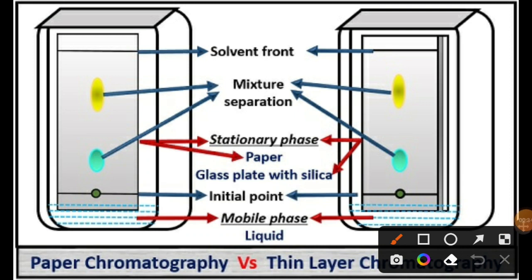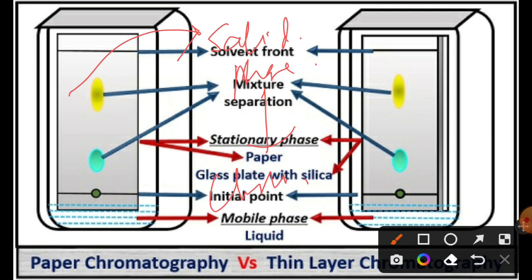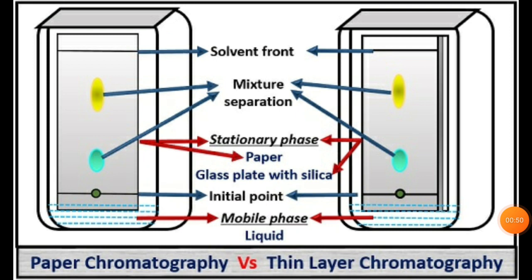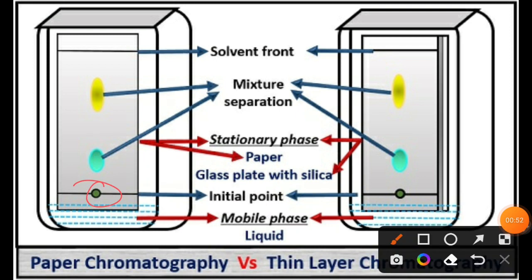So in paper chromatography, I again want to mention that we are using a solid phase, a chromatographic strip, right? In that chromatographic strip we are placing a small dot or line, and this small dot is nothing but our sample in a mixture of the solution.